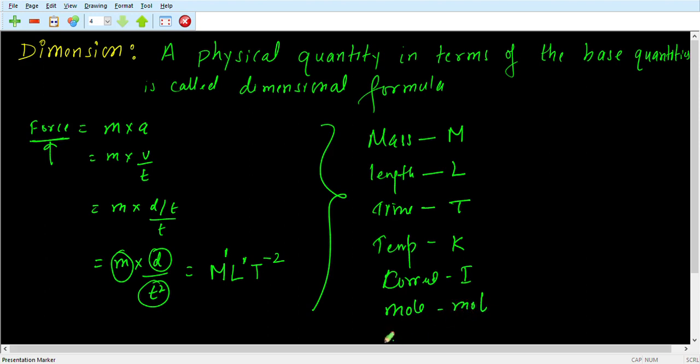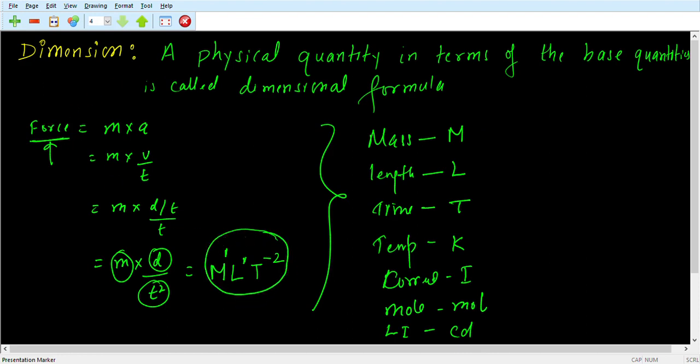For luminous intensity, we write CD, and so on. So a physical quantity expressed in terms of base quantities is called a dimensional formula.